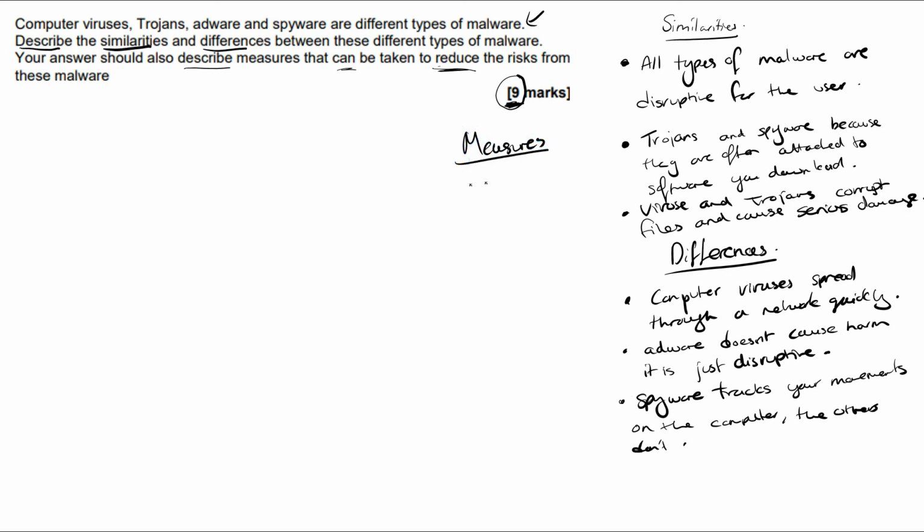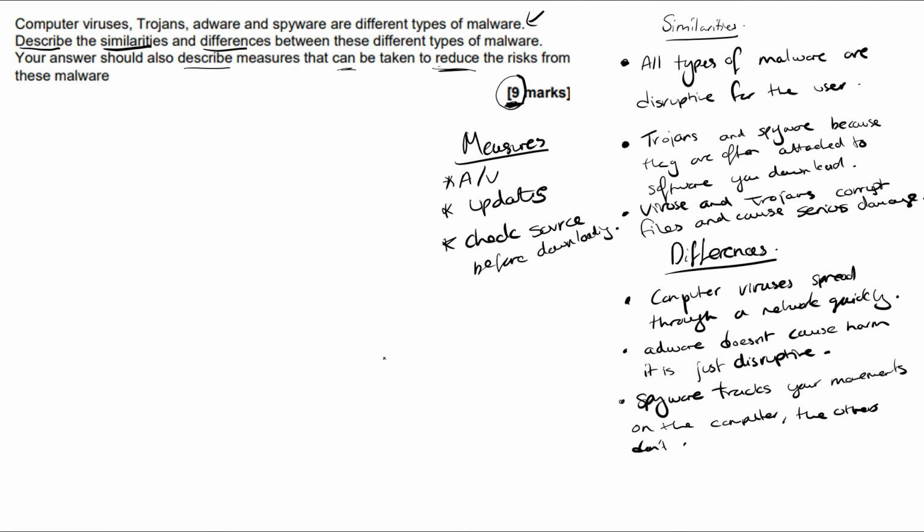So measures would be antivirus software, updates, check source before downloading.